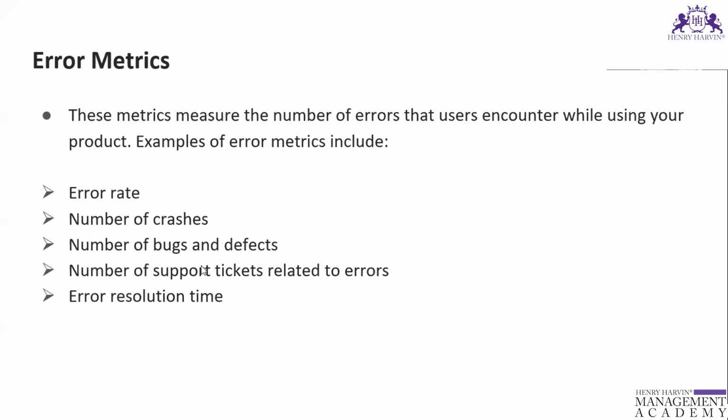But they are not efficient during Tatkal time. So number of bugs and defects, number of support tickets, error resolution time. When a ticket is raised, how much time will it take to resolve it?